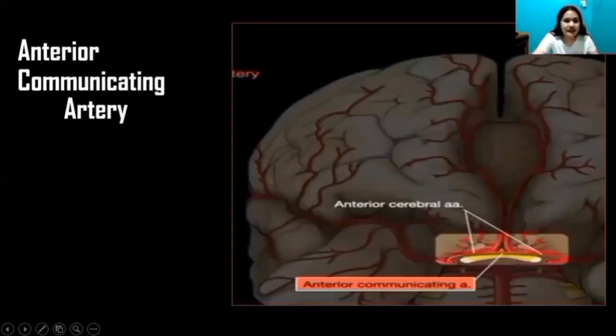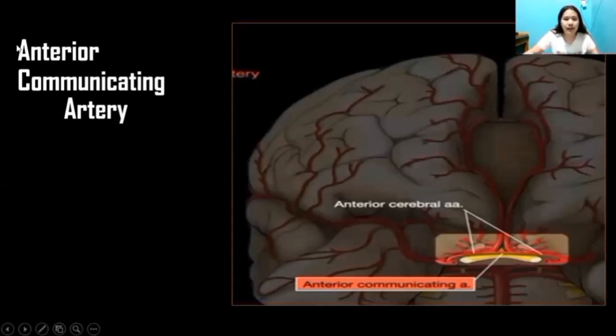So next is the anterior communicating artery. Not so much of this information, but the anterior cerebral artery, there are two. This is joined by the anterior communicating artery. And it is the most common site of berry aneurysm.